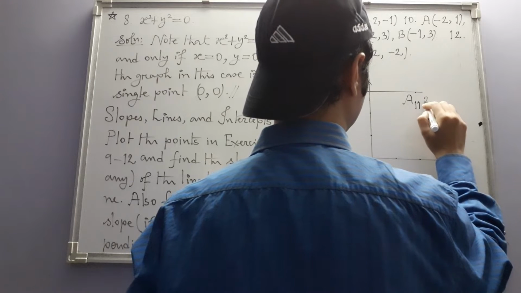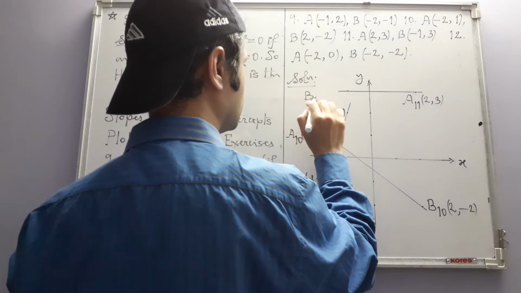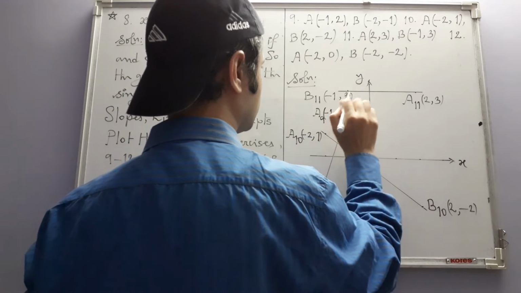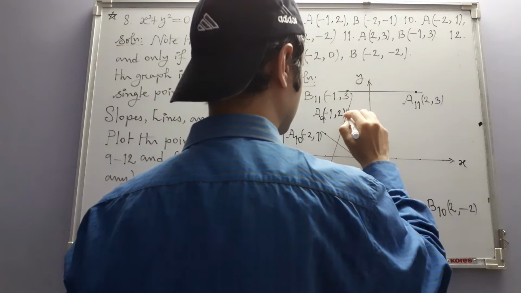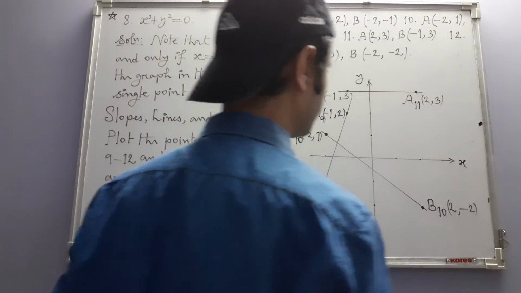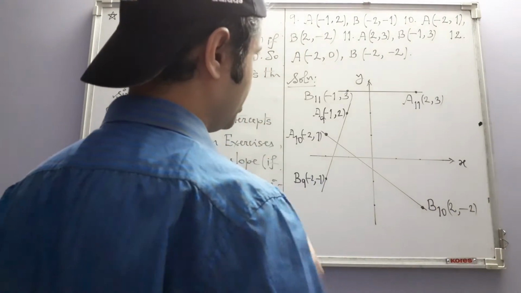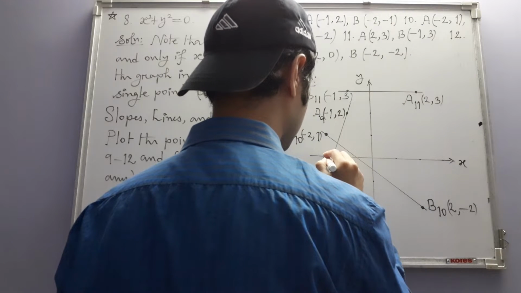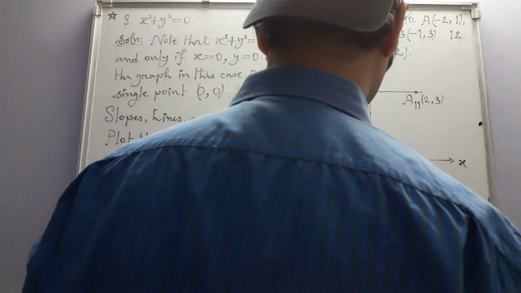A11, 2 comma 3, and this is B11, -1 comma 3. And then the 12th, A is -2 comma 0, so this one, and B is -2 comma -2.